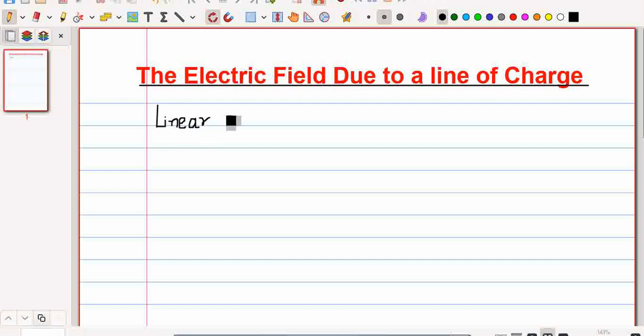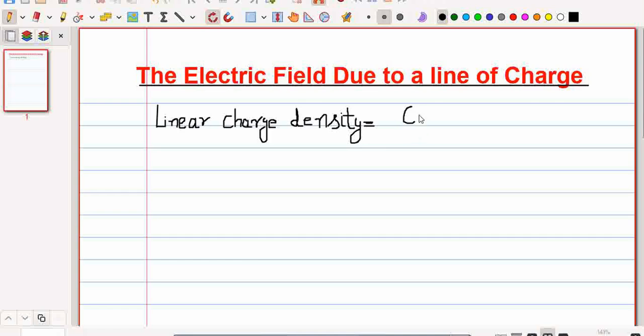Okay, so linear charge density is defined as the charge per unit length. So what should be its unit? Before I write, you comment it or derive it by yourself, and then I will tell you.